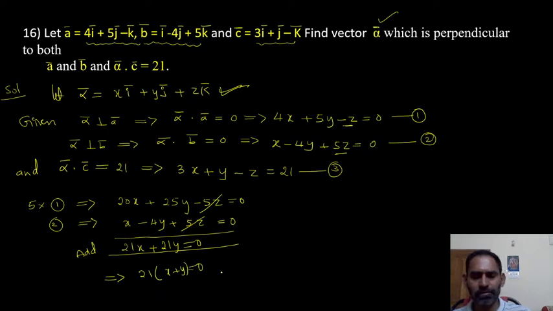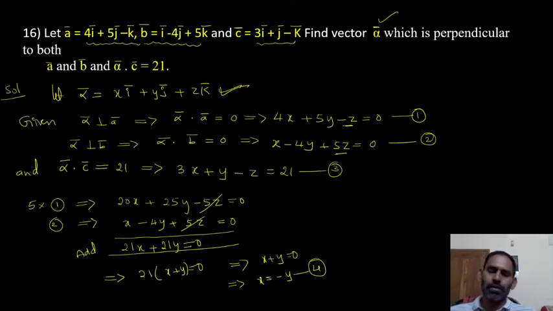That implies x plus y equal to 0. This can be written as x equal to minus y. This is equation number 4.